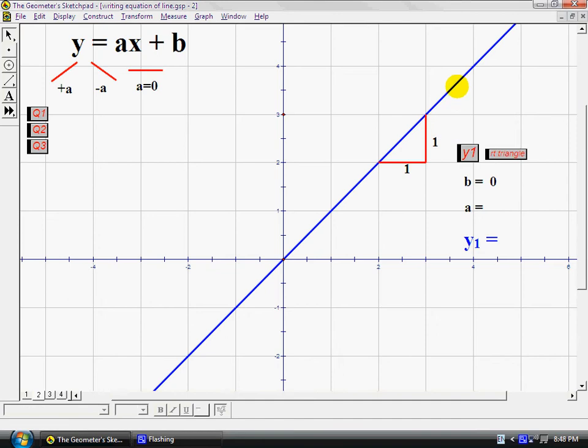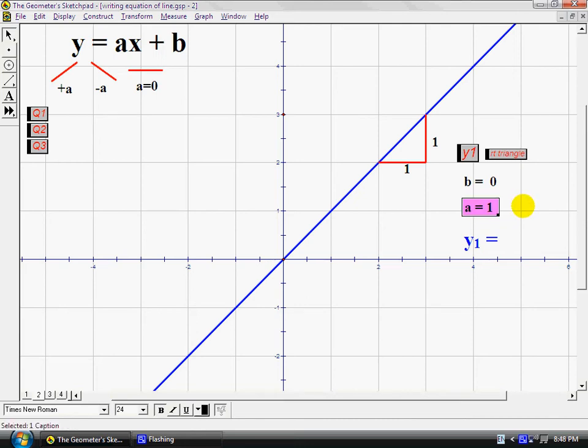Here from this graph you can see that y is 1 unit and x is also 1 unit, which means that y over x is equal to 1 over 1, which is equal to 1. Thus we have a is equal to 1.